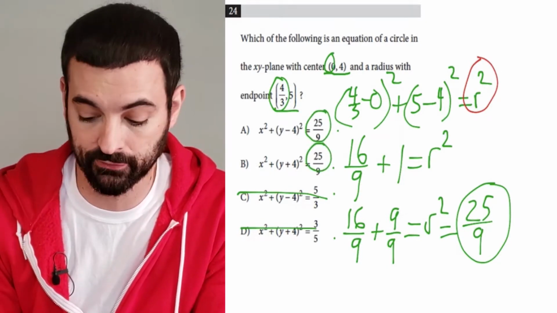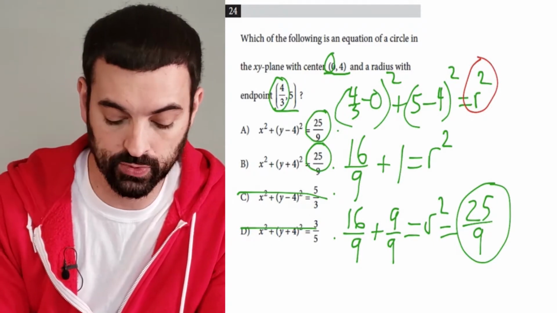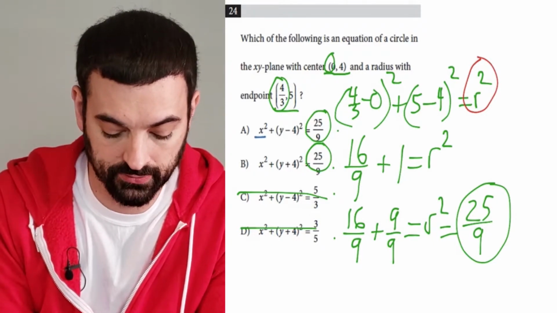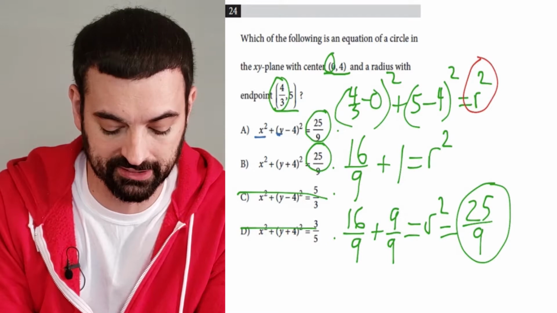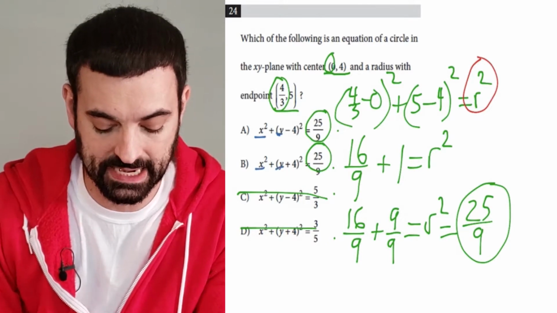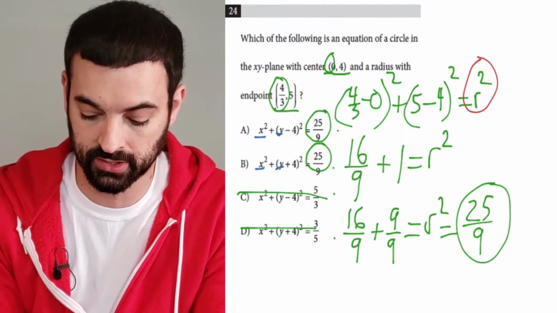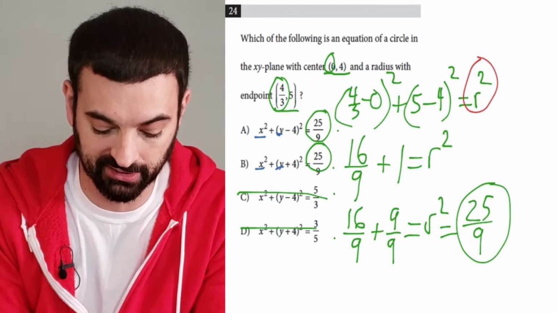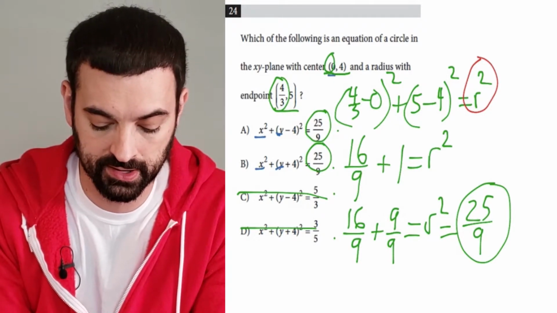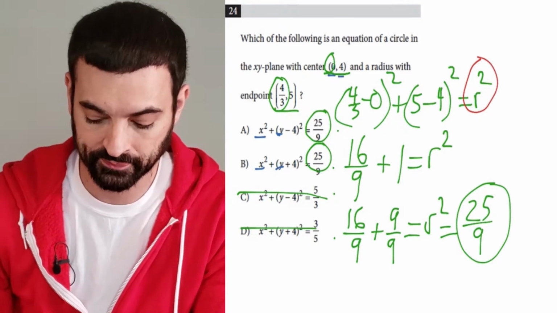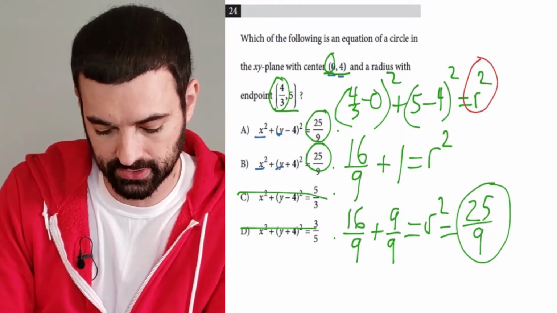In the generalized formula, we don't put our values in for x and y because remember, x comma y could be any point. So we really just need to decide what to put in for our center values. And our center values are 0 and 4. I'm going to work right down here. That should be enough room.